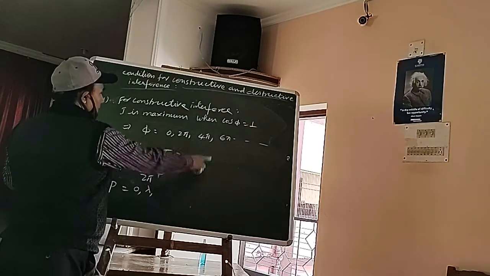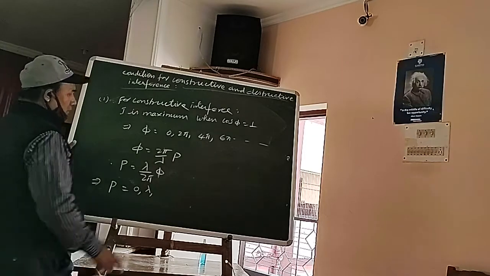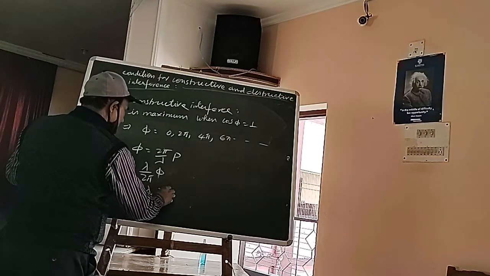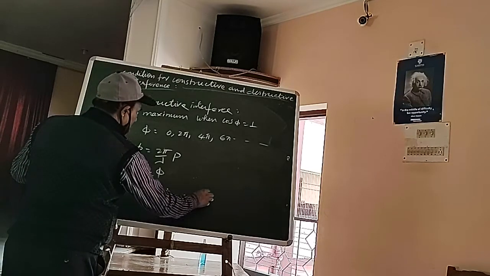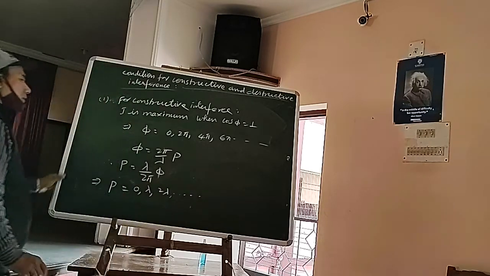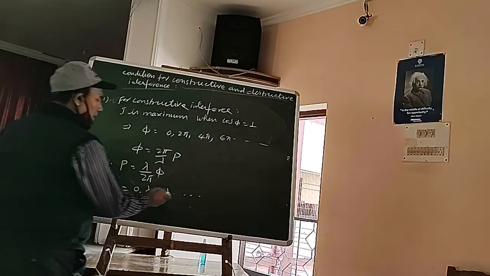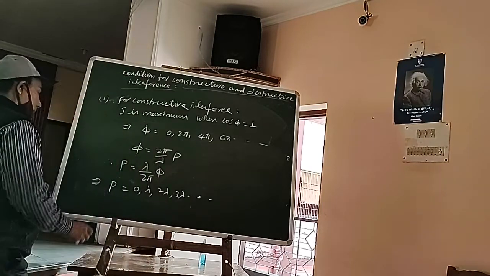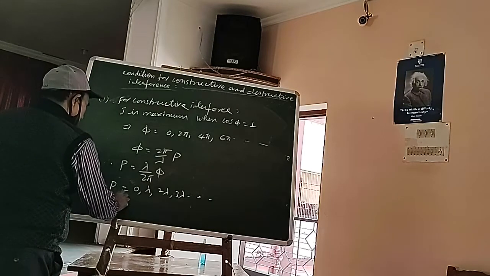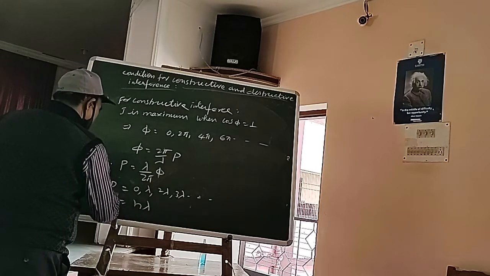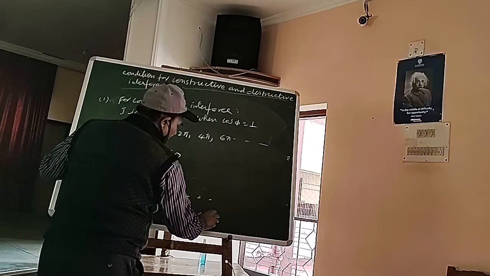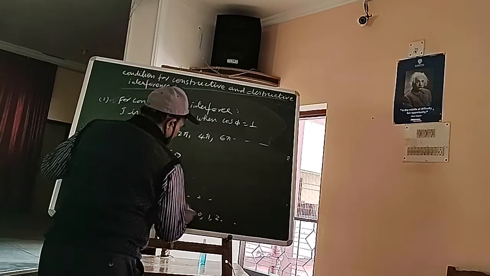When phase difference is 4 pi, it is 2 lambda. And if you put 6 pi, that will be 3 lambda. This implies that P is equal to n lambda, where n is equal to 0, 1, 2 and so on.